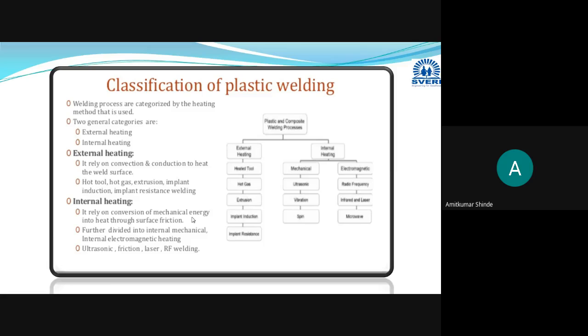We are applying some force, and due to that force some heat is created, and the bond between two parts will be created. That will be termed as internal heating methods. Some friction welding, ultrasonic welding, or RF welding. These are the internal heating welding methods.